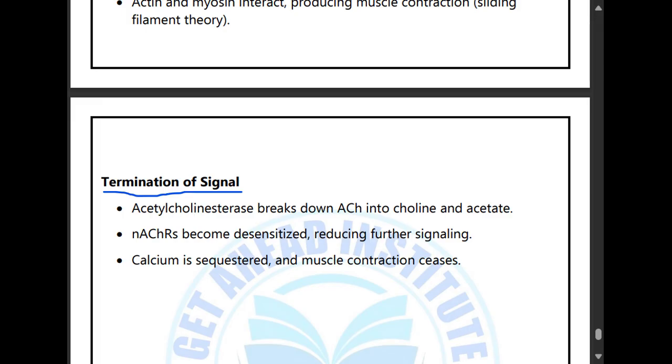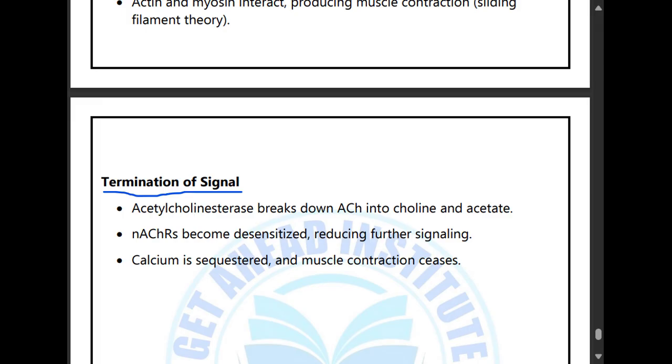Okay, so when that has occurred, the nicotinic acetylcholine receptors will become desensitized, which will reduce further signaling. And remember, calcium had gone to troponin.